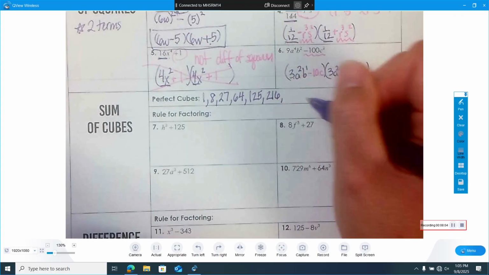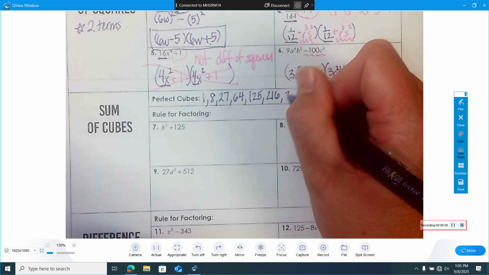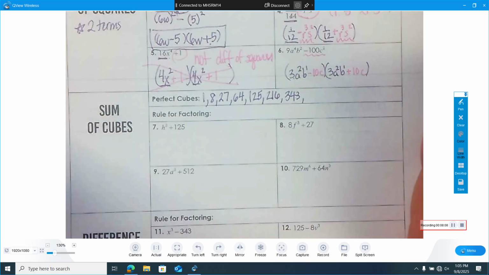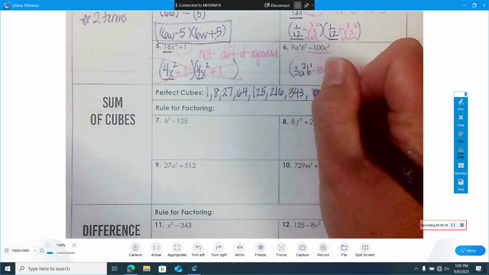Yeah. 7 cubed. This is my favorite. 343. Because 3 plus 4 is 7 cubed. All right, and then 8 cubed, 512.